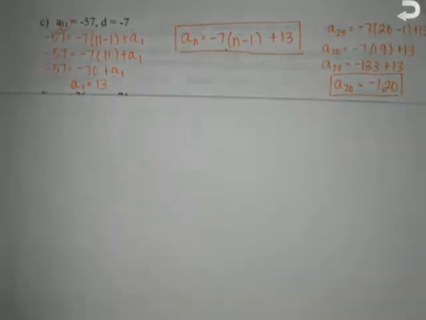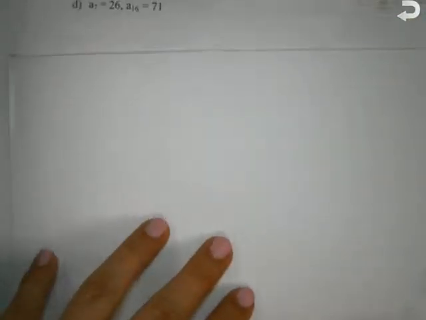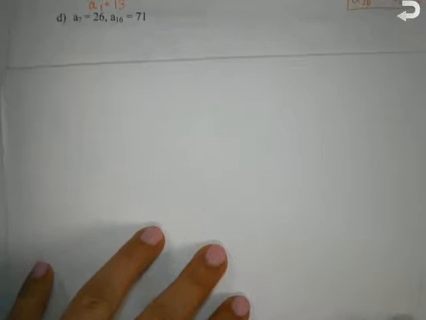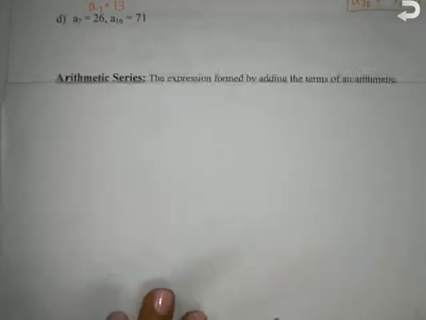I am given a sub 7, which is equal to 26, and a sub 16, which is equal to 71. I have no idea what a sub 1 or what D is. So let's plug what we know into the formula first, and then we'll see what it looks like we can do.